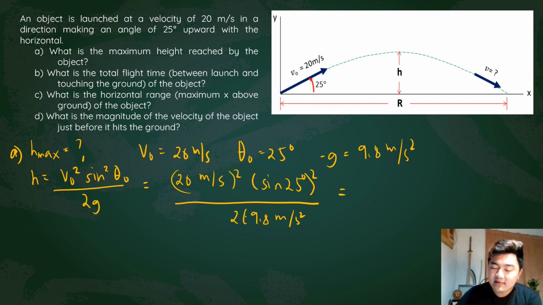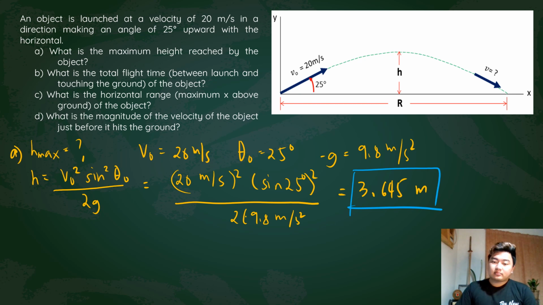Then you'll get a value of 3.645. Since that's height, of course, that will be meters. So the maximum height of the projectile is 3.645 meters.